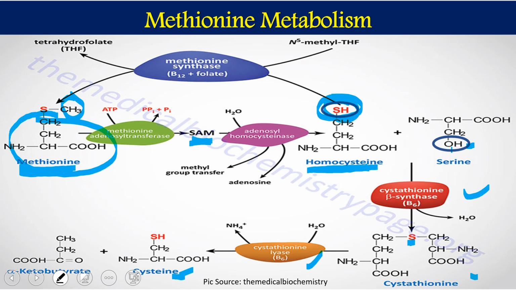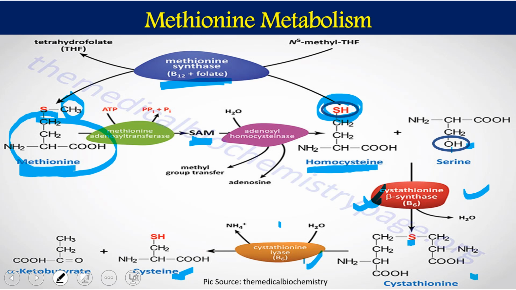Two important points in this case: these three reactions, methionine synthase, cystathionine beta synthase, and cystathionine lyase, require different vitamins: vitamin B6, that is pyridoxal phosphate, PLP, or vitamin B12 cobalamin, or folic acid folate. So methionine synthase requires B12 and folate, and cystathionine beta synthase and lyase require vitamin B6.